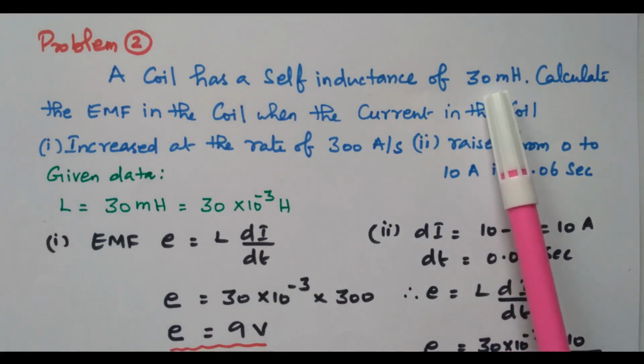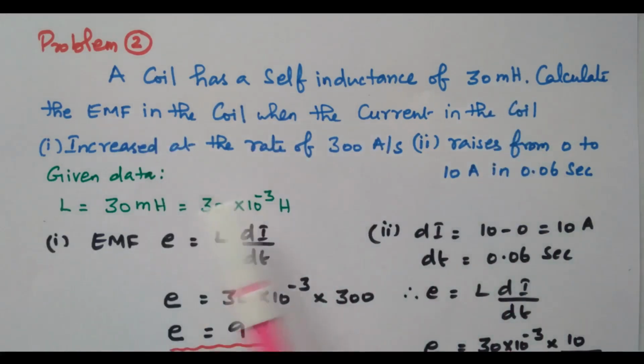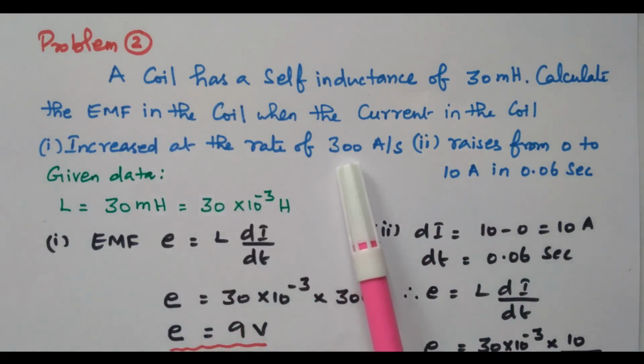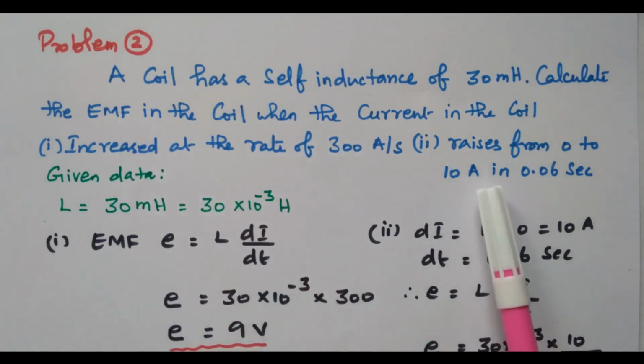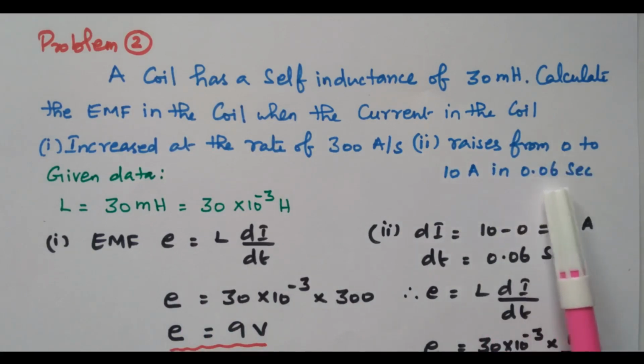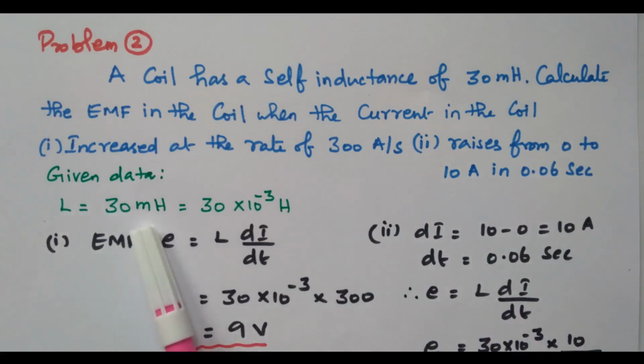Right? The inductor value is given. We need to find the EMF. Two different cases are available. One is increased at the rate 300 ampere per second. Another one is raised from 0 to 10 ampere in 0.06 seconds.